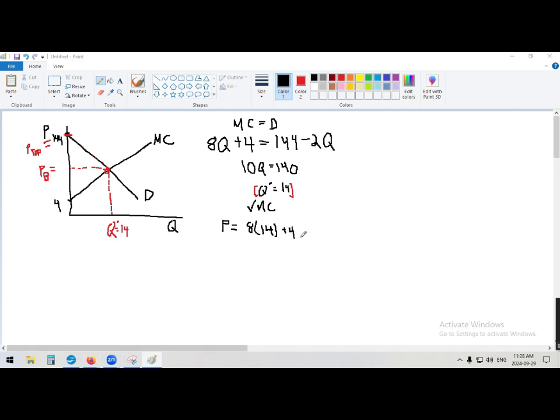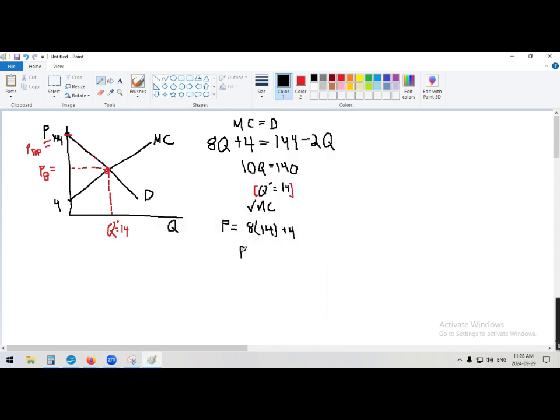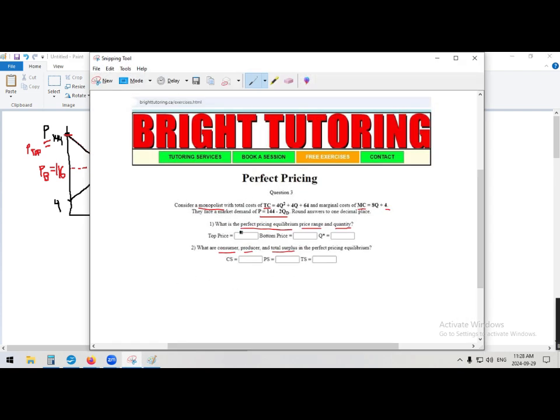So let's see what we have here. 8 times 14, and then plus 4, so we get 116. That'll be here. So that gives us a market equilibrium for the first question. So we have a top price of 144, a bottom price of 116, and a market quantity of 14.